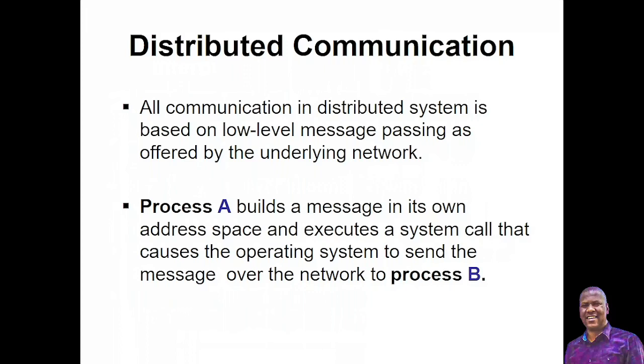So we're going to look at a scenario, the unicast option, where a particular process communicates with another process. So we can assume that process A builds a message in its own address space, executes that, and sends that particular message over the network to the other receiving process.